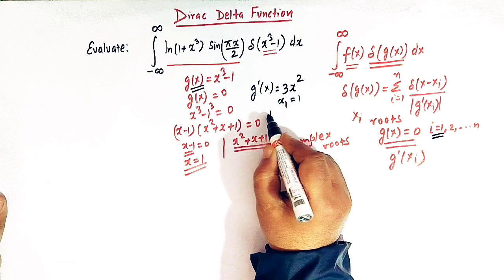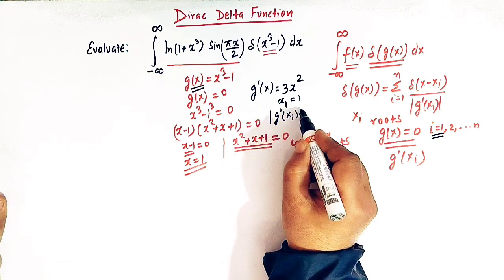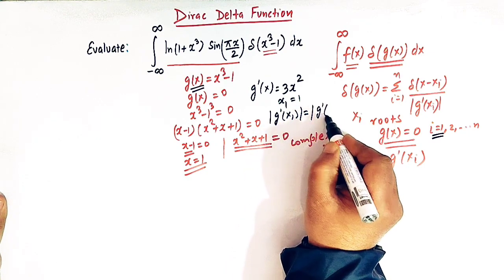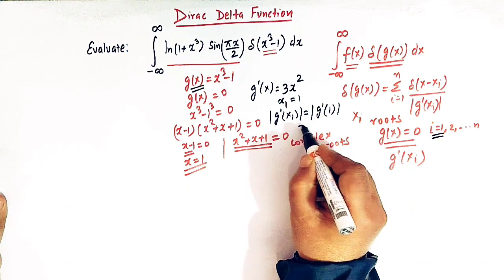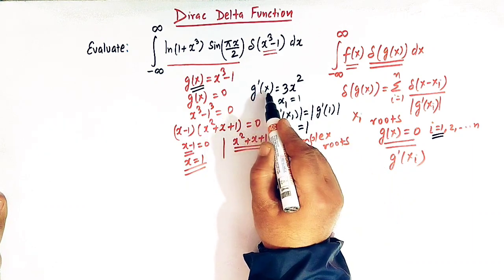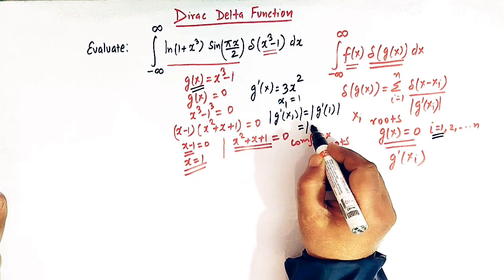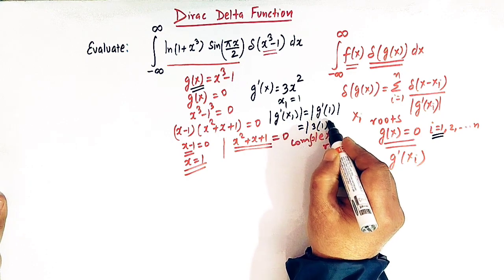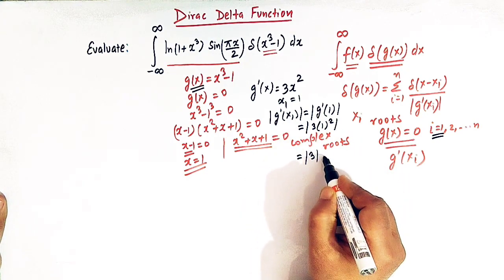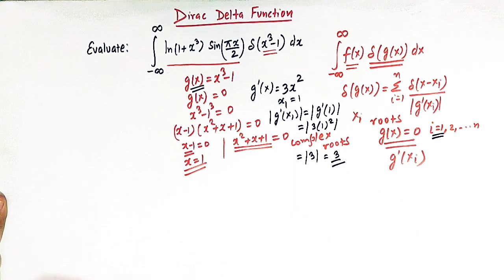So the absolute value of g prime of x1 is mod of g prime of 1. G prime of 1 is obtained by taking x equal to 1, so we have 3 times 1 square, which is equal to 3. Mod of 3 is equal to 3.